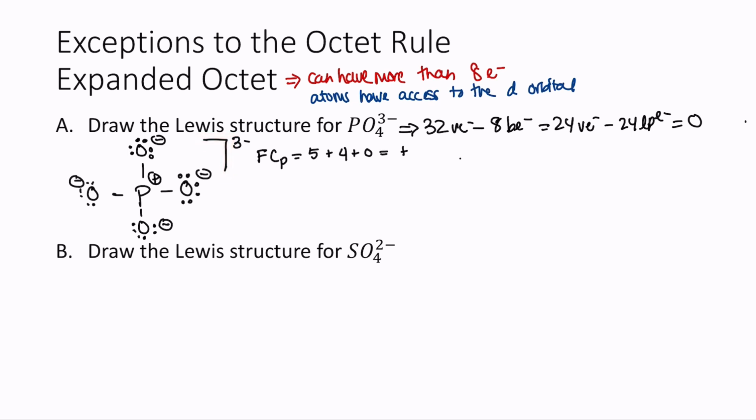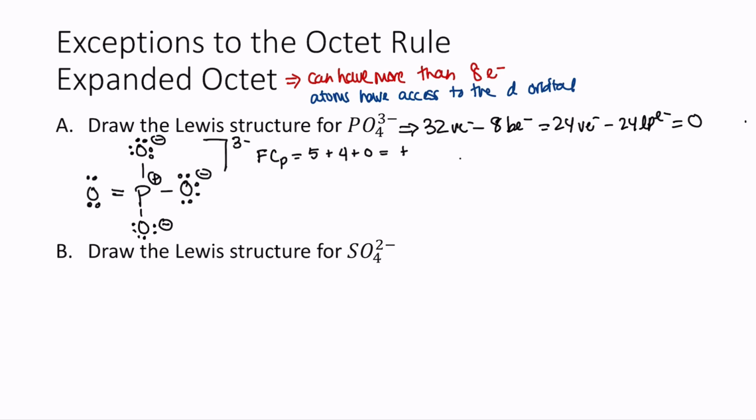Now, when I look at this, I notice that every single atom in my molecule has a formal charge, and that's not a good thing. So we can do what is called minimizing formal charge. And since phosphorus can expand its octet, I can start to form some double bonds. So I can take one of the lone pairs from one of my oxygens and make a double bond to my phosphorus.